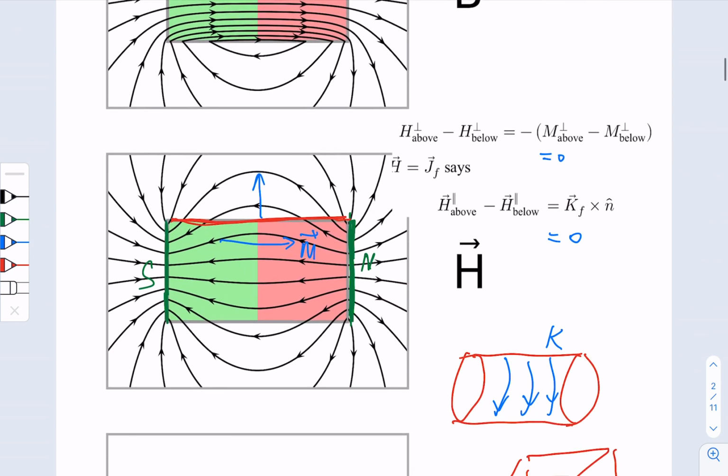Okay, so we will actually talk about this later. Mathematically you can indeed rewrite this problem into a magnetic north pole sitting over here, and a magnetic south pole sitting here.